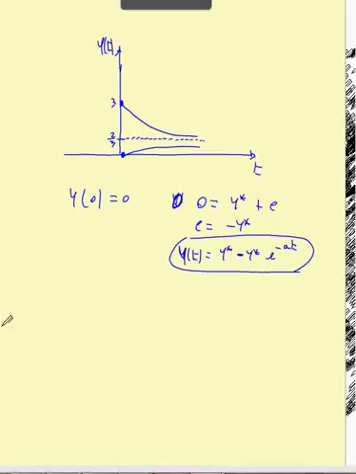The general solution is y of t equal to y star plus c, which multiplies e to the power of at. This is what we have seen today. And from here you can see that the equilibrium solution is stable if a is lower than 0 and unstable if a is greater than 0.